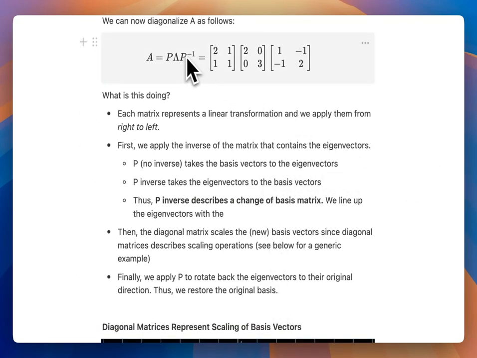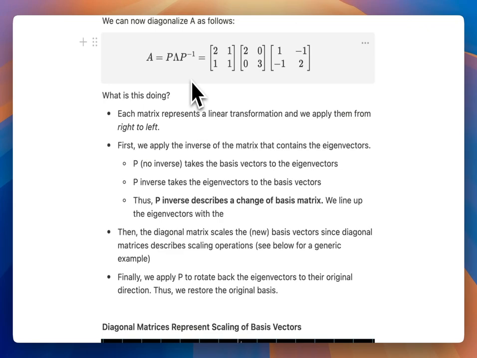And I want to really bring your attention to this P inverse, because if we can interpret P, as we said before, as taking the basis vector E1 to (2, 1) and E2 to (1, 1), that means that P describes taking the basis vectors to the eigenvectors.